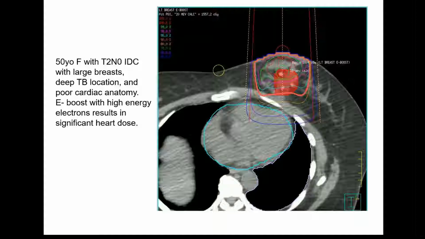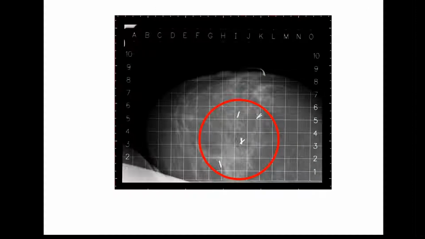This is clearly not an ideal circumstance, as we do our best to minimize cardiac irradiation. So once again, we sit this patient up and compress her breast. Next slide. And we're very readily able to target this deep tumor bed location in a large breast with 0 additional cardiac irradiation. Next slide.